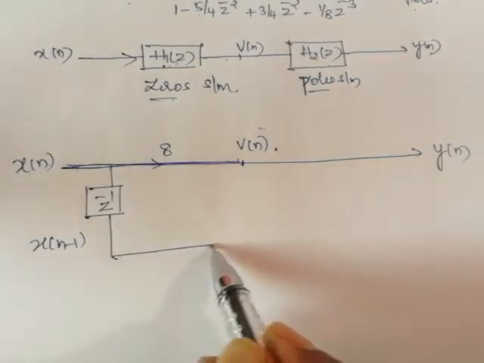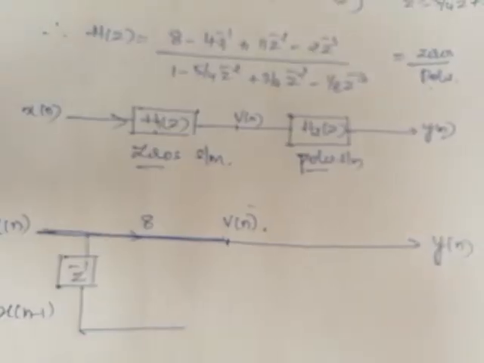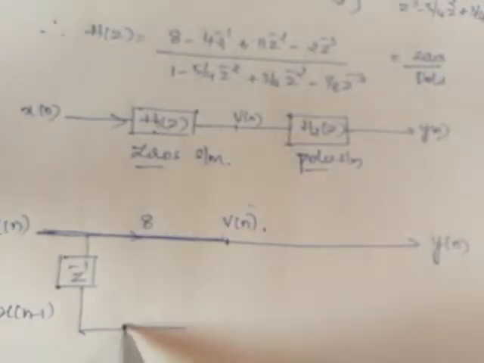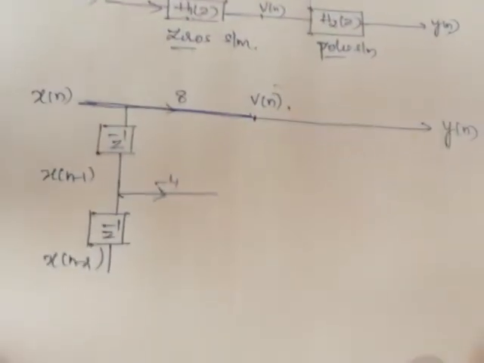The coefficient term is minus 4. Then the second time delay gives x of n minus 2.